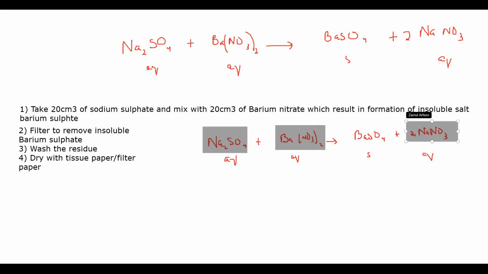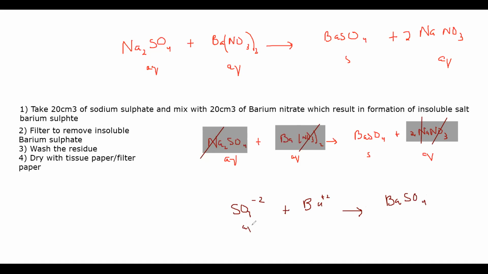Then we cancel out the common ions. What are the common ions? Here we have sodium ion common, we cancel out. We have nitrate ion common, we cancel out. So what are we left with? We are left with sulfate ion, and we have barium ion. And this results in a formation of barium sulfate.